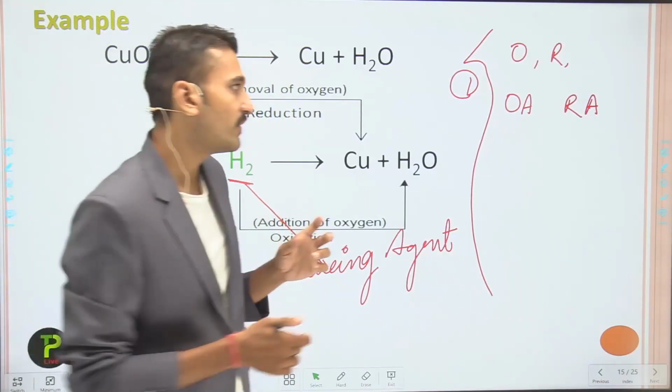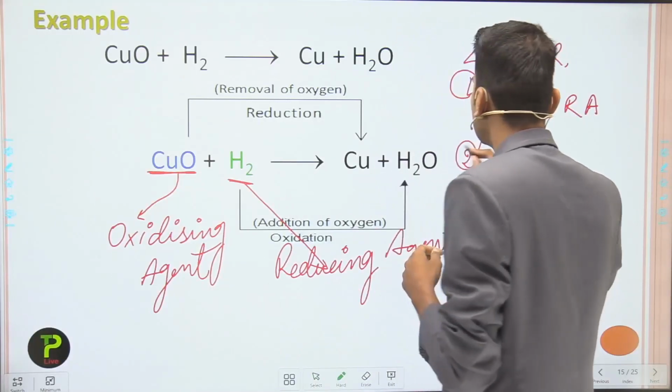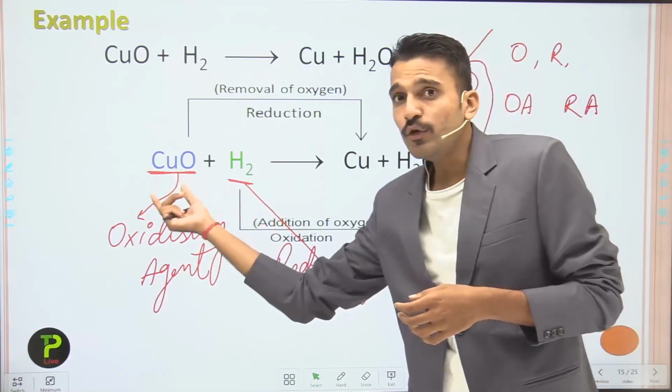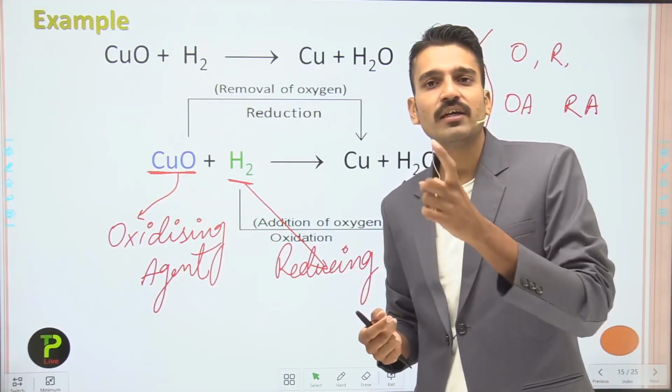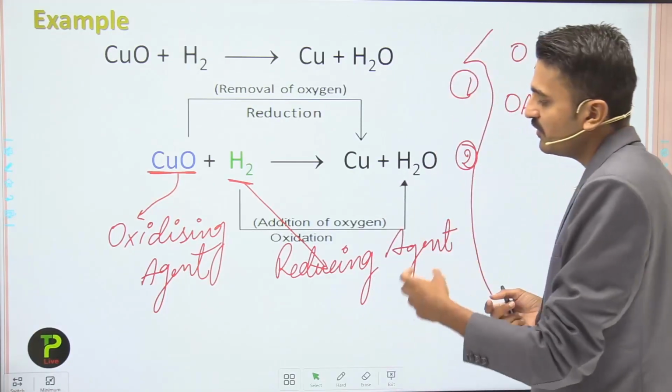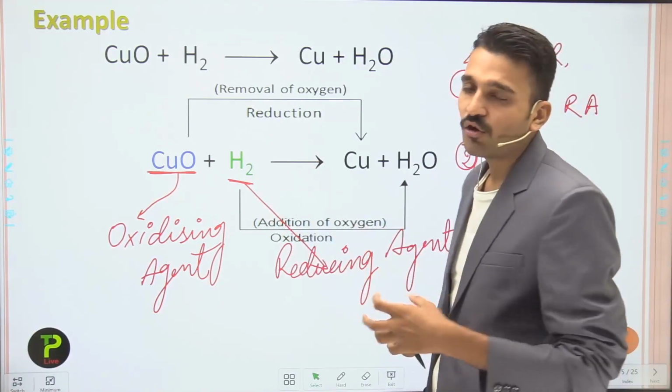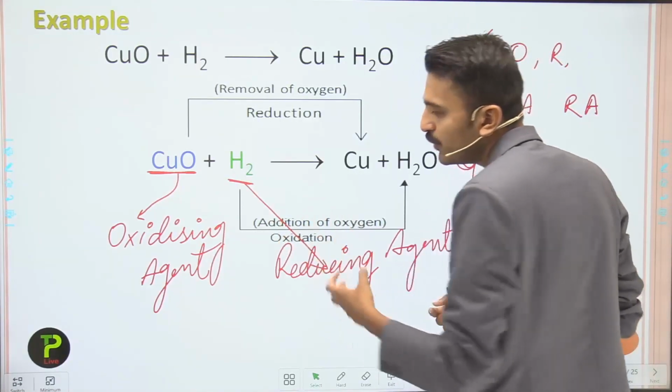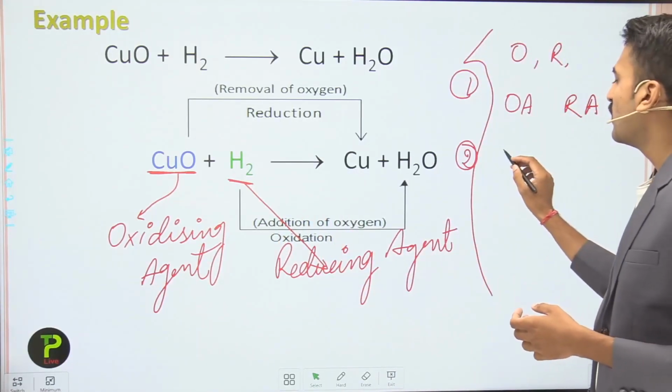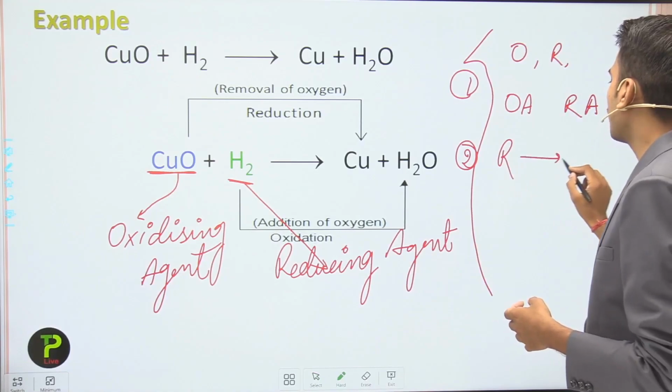The second important thing is that the substance which is reduced is acting as an oxidizing agent, and the substance which is oxidized will act as a reducing agent. So the substance which is reduced will be acting as what?